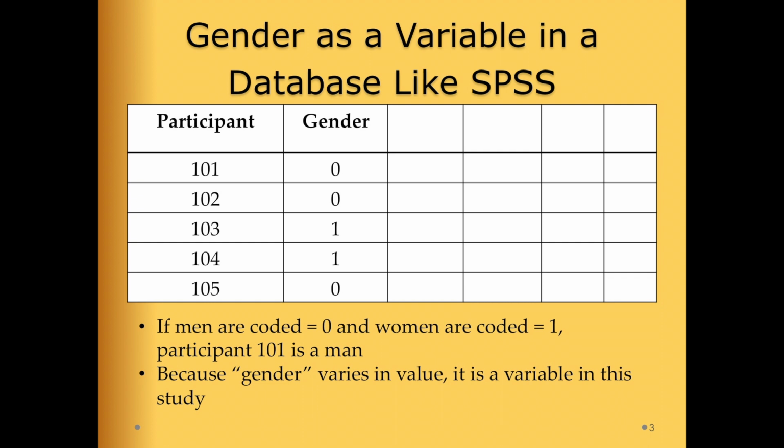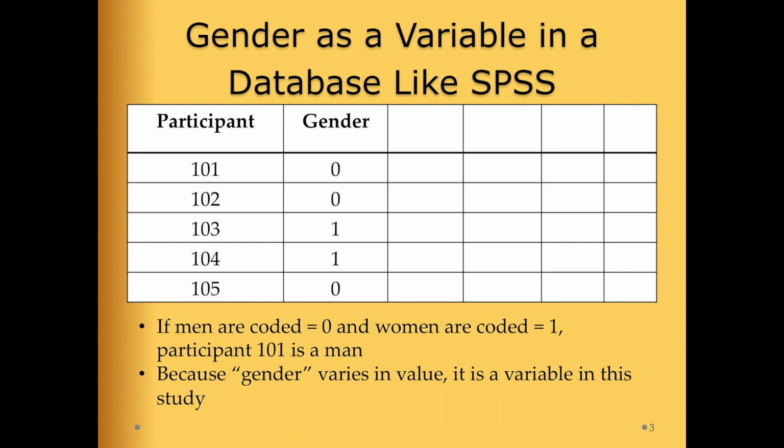In studies, researchers record values on variables in a database such as SPSS or SAS, from which they will later do statistical analyses. In SPSS, variables are reported in the columns of the spreadsheet, and the participants in a study, sometimes called cases or subjects, are reported in the rows.